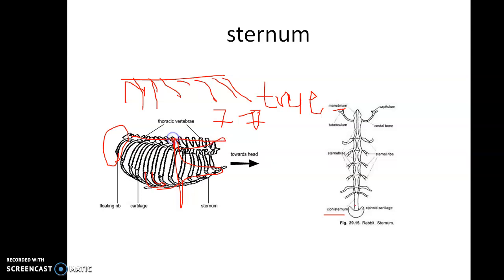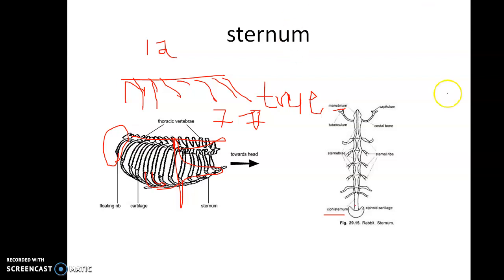From the thoracic vertebrae arise the ribs. Ribs have different parts. This is a vertebral part, and this is the cartilaginous part which fuses with the sternum. There are 12 pairs of ribs, of which the first 7 directly connected to the sternum are called true ribs. 8th and 9th are indirectly connected, so they are indirect ribs, and the remaining 3 are called floating ribs.